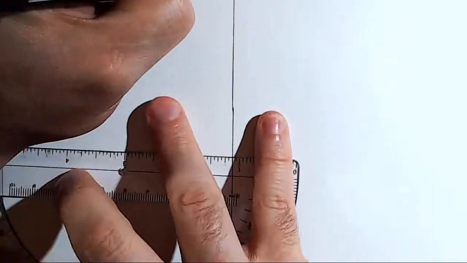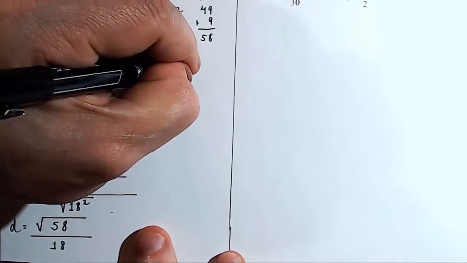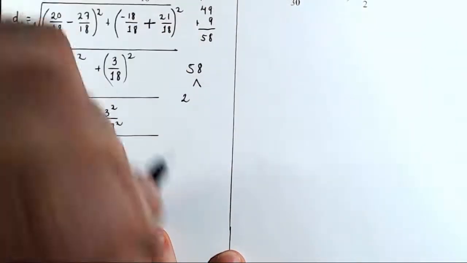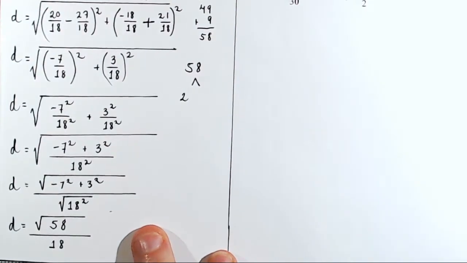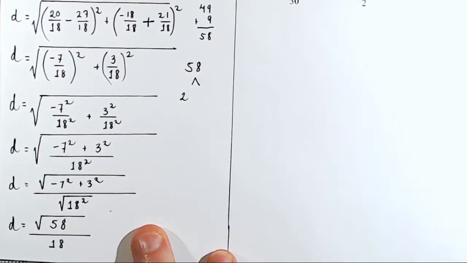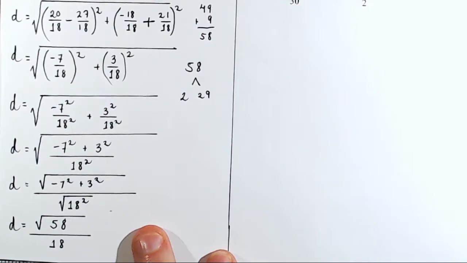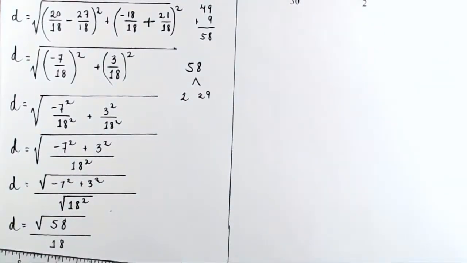Now we'll break down 58. Okay, 58 divided by 2. 2 goes into 5 twice. 2 goes into 18 9 times, so 29. And that's a prime number.